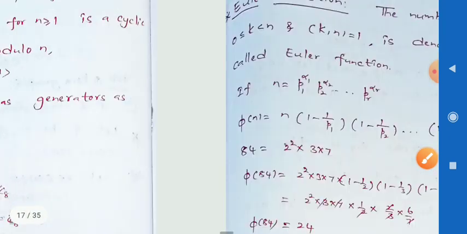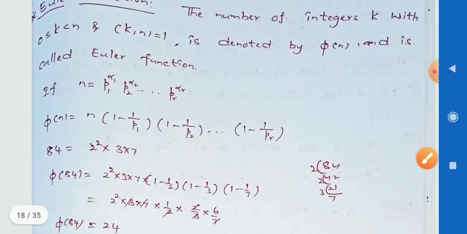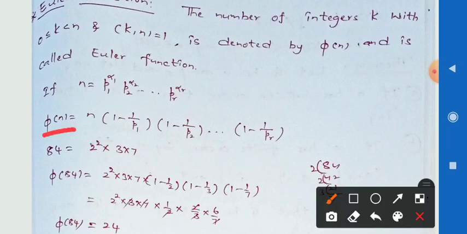Therefore, by using the Euler function, we can calculate the number of generators in the group. The total number of elements must be written in the form of prime factors, and following this principle, phi of n is equal to n into 1 minus 1 by p1, 1 minus 1 by p2, up to 1 minus 1 by pr.